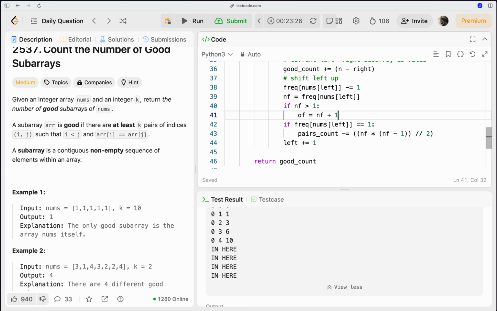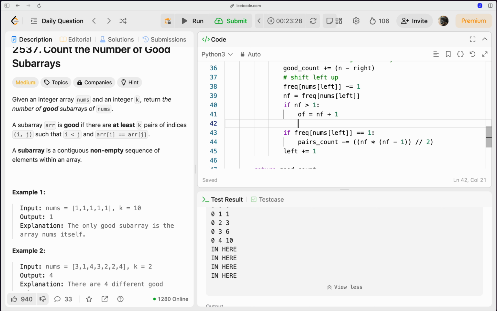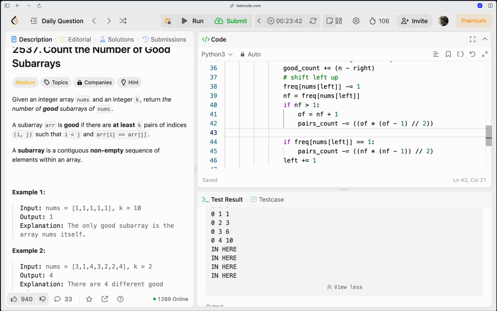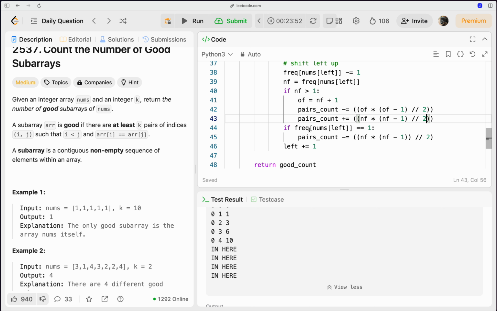Old frequency is new frequency plus 1. Pairs count minus equal to old frequency times old frequency minus 1 divided by 2. And then pairs count plus equals the new frequency times the new frequency minus 1 divided by 2.